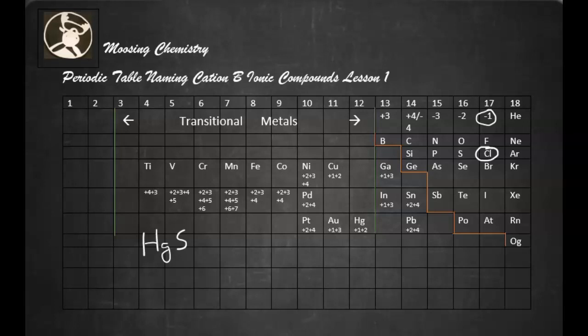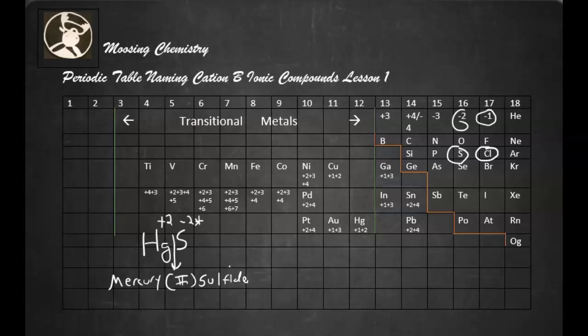So in this case, we're going to put a little asterisk here. And you know that sulfur is in group 16, right? So it has a -2 charge. So now, here we go. The anion determines the cation. The cation determines the stock number. So we're going to write a 2 there. In this case, we're going to have mercury(II) sulfide.